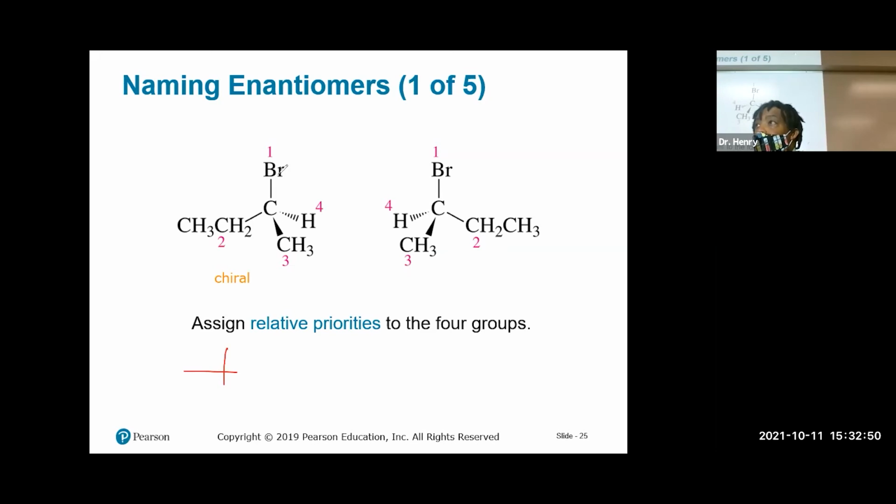Looking at the assignments, this one has priority 1. This one has second priority because it's longer than the methyl. So that's 2, 3, and hydrogen has the 4th priority. In this case, this is 1, 2, 3, 4.